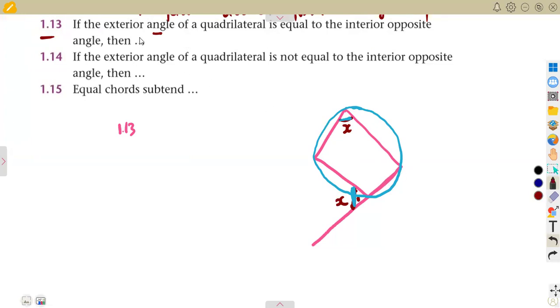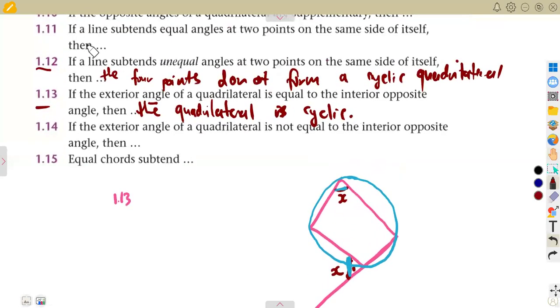Are we together? Then the quadrilateral in this case is cyclic. We are simply saying this is a cyclic quadrilateral. So to prove that this is a cyclic quadrilateral, there is another way you can use, or you can use the one that we used on 1.10.